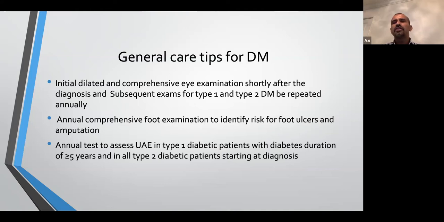Similarly, an annual foot exam for foot ulcers, and monofilament testing for neuropathy, and annual tests for urine albumin excretion, usually mostly in type 1 but also type 2 diabetes. That signifies if the kidneys are under attack, and that gives us a good understanding of where we stand as far as kidney function. So next slide, please.